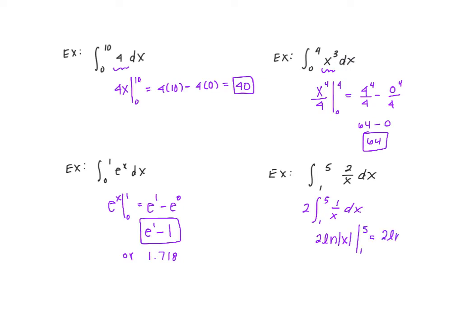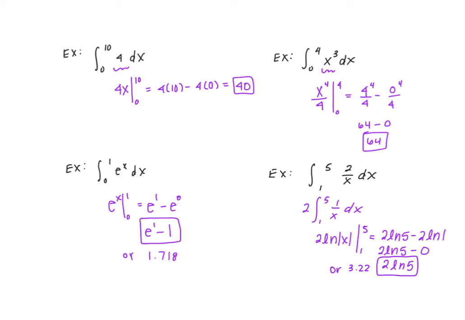So I have 2 natural log 5 minus 2 natural log 1. Well, the natural log of 1 is 0, so I'm just left with 2 natural log 5 minus 0, which is 2 natural log of 5. You can leave it like that, or you can type it in the calculator and get 3.22. Those are your options.